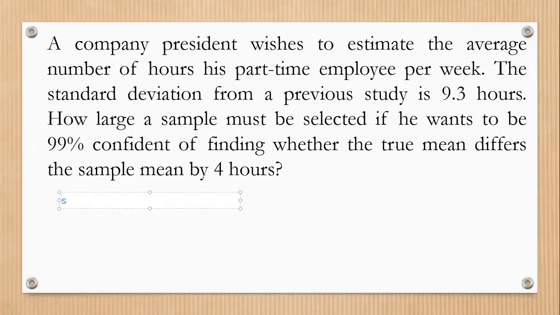Sample mean equals 4 hours. Okay, the population SD equals 9.3. What else?